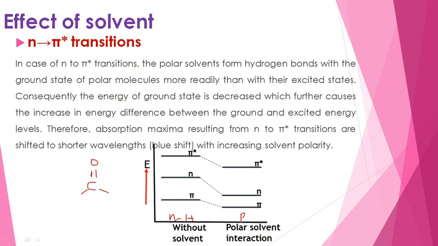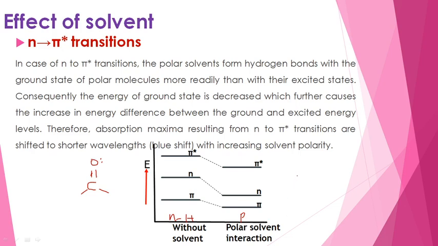The polar solvent will majorly affect the non-bonding electrons. The non-bonding electrons present on the heteroatom will be greatly influenced by the polar solvent, so that the energy is decreased. So the extent of effect on the n, that is non-bonding electrons, will be greater with polar solvent.